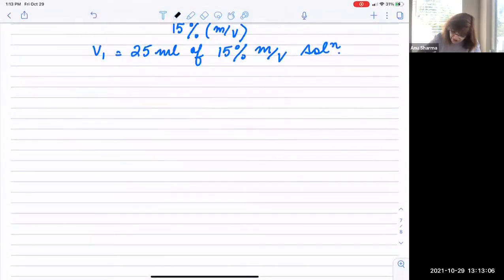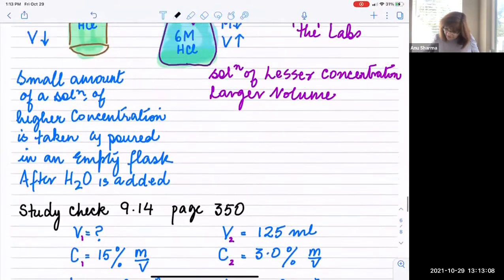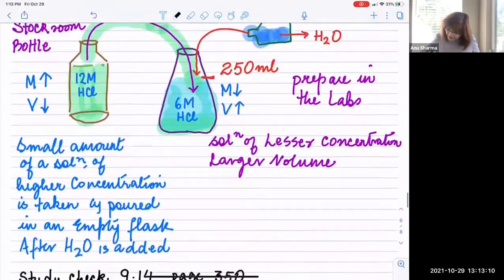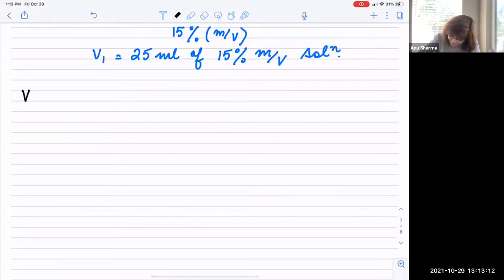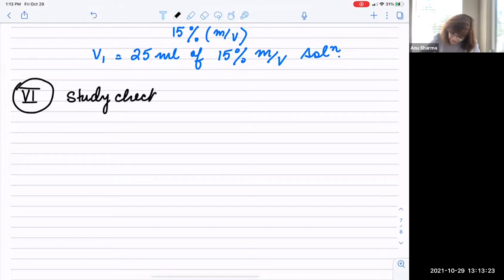Here, find the molarity of a diluted solution. Study check 9.15, on page 351.